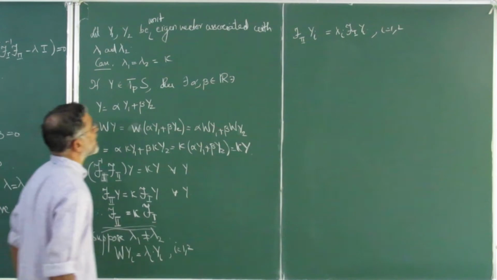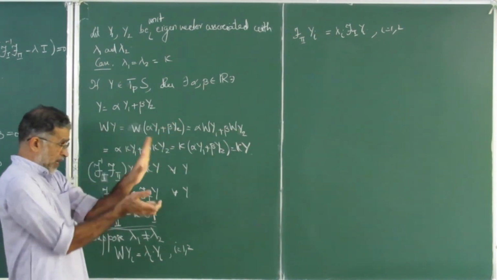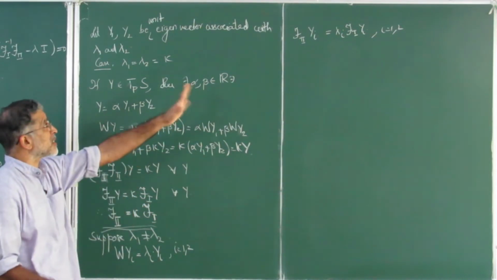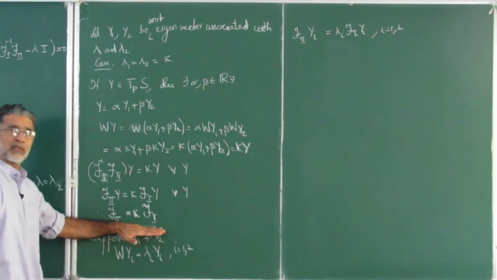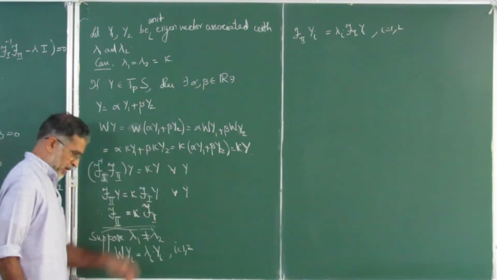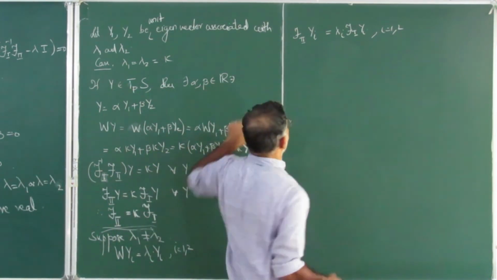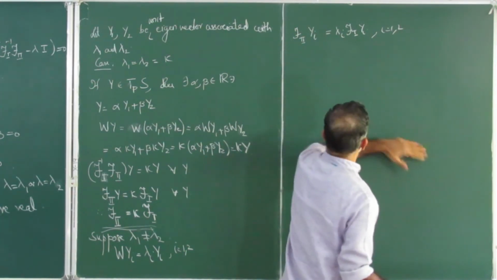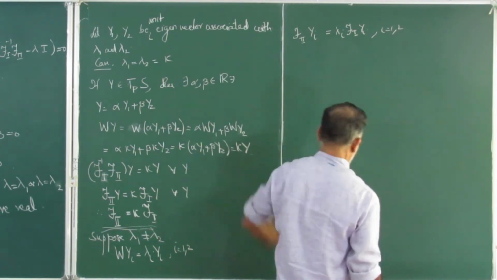So this is what you get, only in these two directions, y1 and y2. In other places it is not a scalar multiple. So this is not generally true. It's only in this that the general linear algebra part is what we are using. So for these vectors, all the eigenvectors, it will be like this.